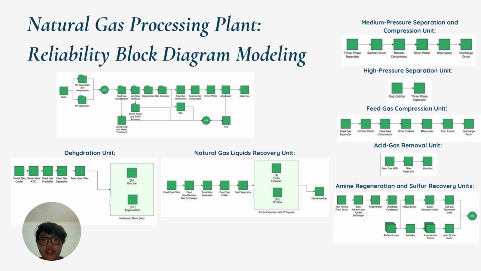Next, the dehydration unit removes water vapor using molecular sieve beds. Finally, the natural gas liquid (NGL) recovery unit separates valuable hydrocarbons, and the gas is cooled and sent to the sales line. By using this block-based structure, we can identify how equipment failures can affect overall system reliability and availability.